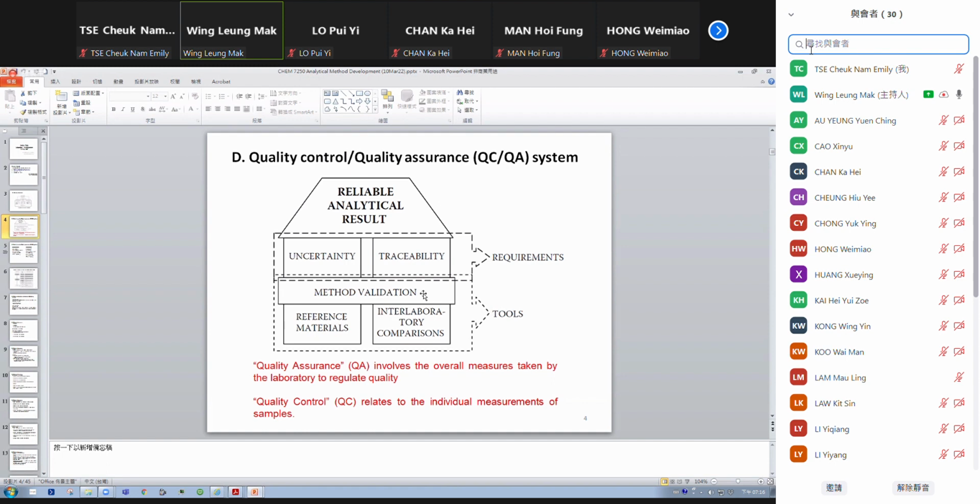Is it well? By using the method validation data, you will know how well you can perform this method. By using those data, you can abstract the information to do the measurement uncertainty calculation. So after you have the method validation, you have the measurement uncertainty calculation.